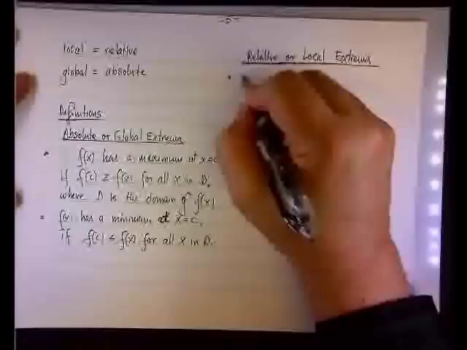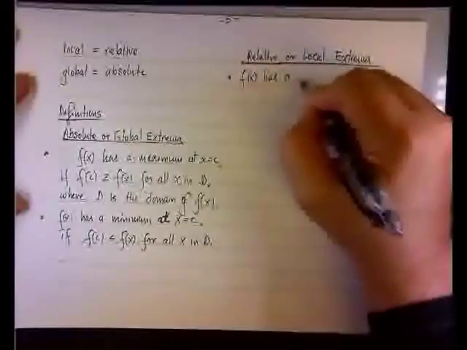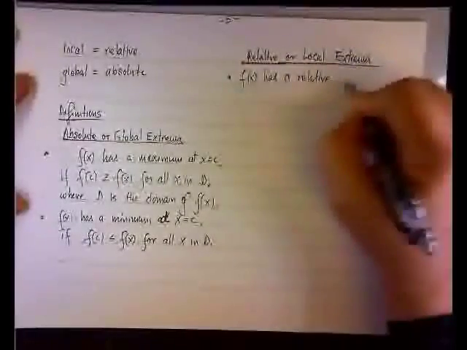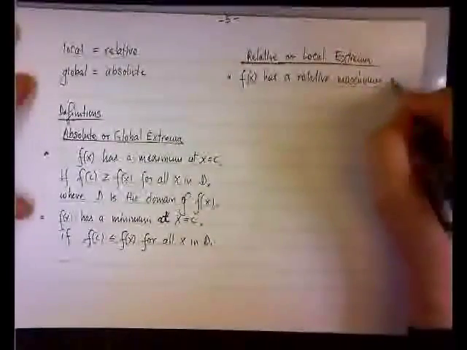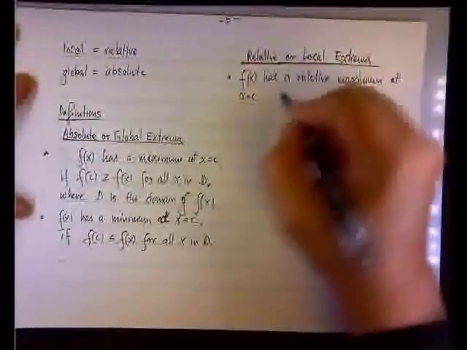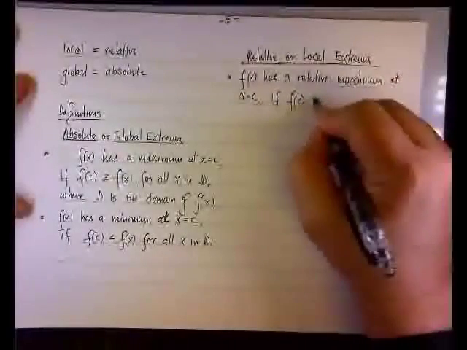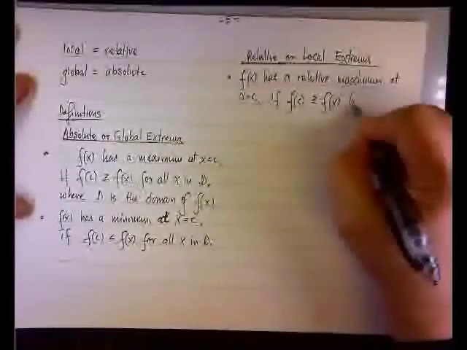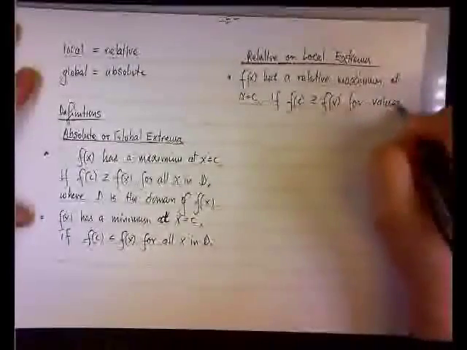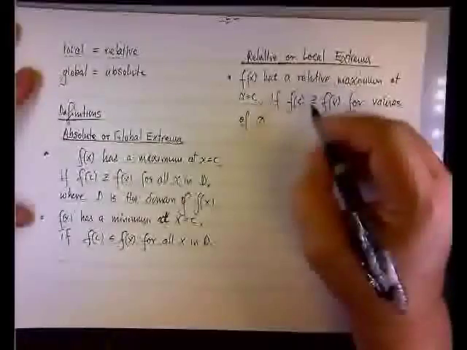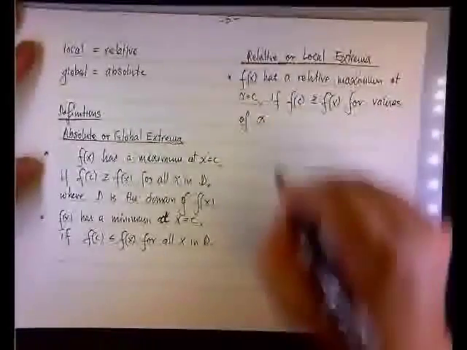So for maximum, we're going to say that f of x has a relative maximum at x equals c if f of c is greater than or equal to f of x for values of x in an open interval near x equals c.